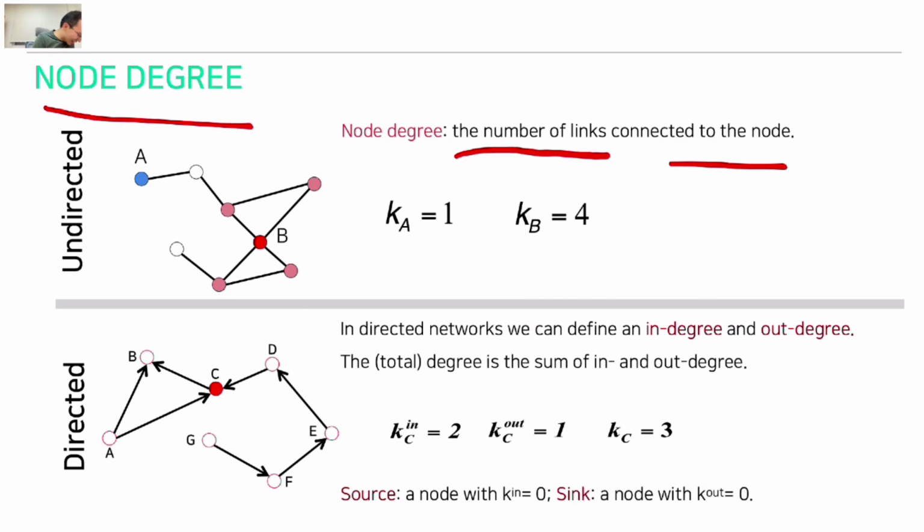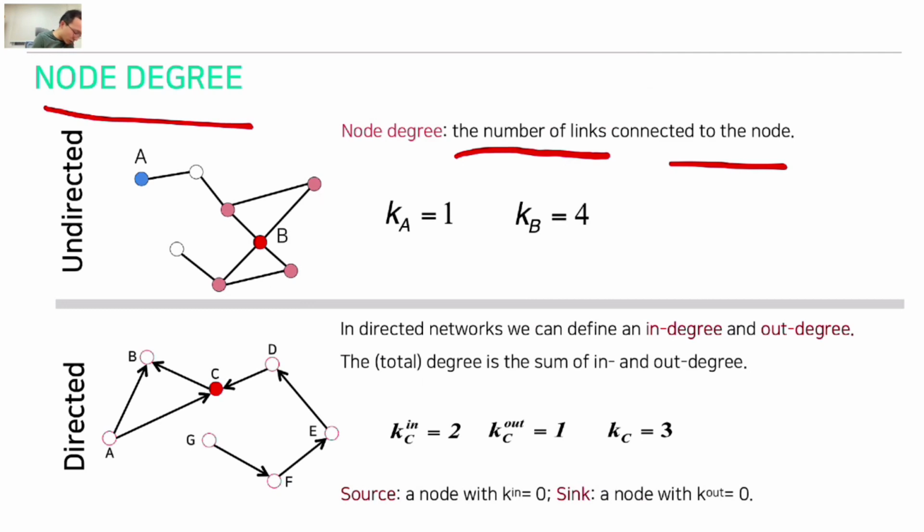In the case of undirected data, undirected data means in the edge, we don't have directional information. So we don't have source and target information. They are just connected. So in the case of A, they have just one edge, right? So the number of links.